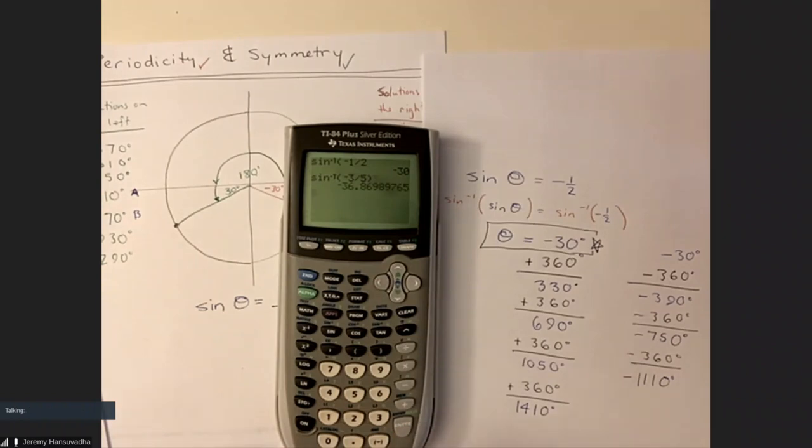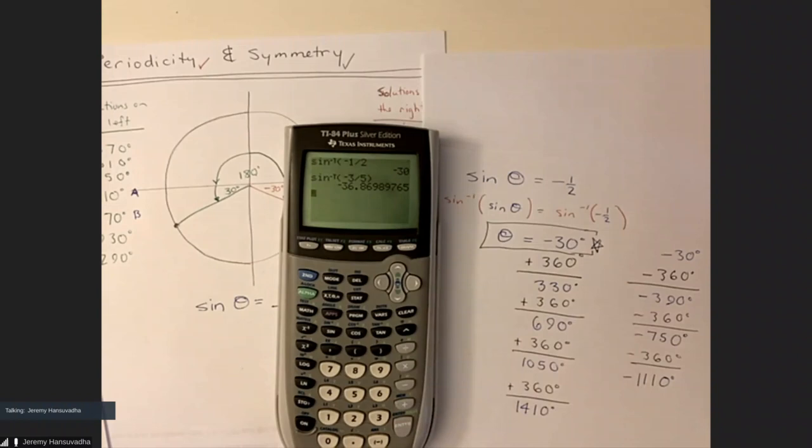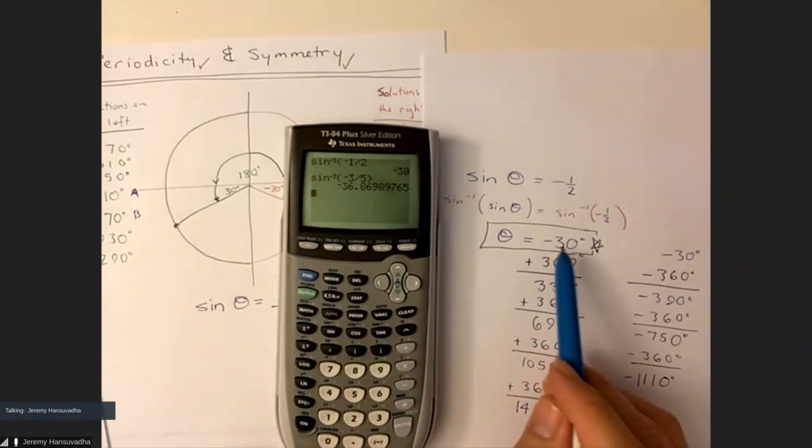So that makes it a little bit harder, maybe even a lot harder, just arithmetically, to do the calculations. But you're still just adding and subtracting 360. I would want to use a calculator for everything else to find that. So just know that with different fractions, with different decimals, it's not going to always be a nice clean number like negative 30.